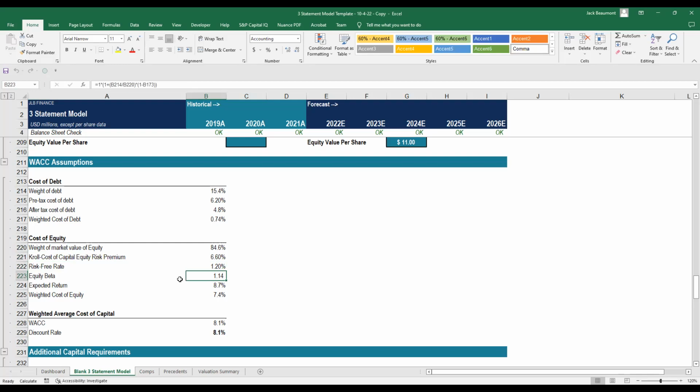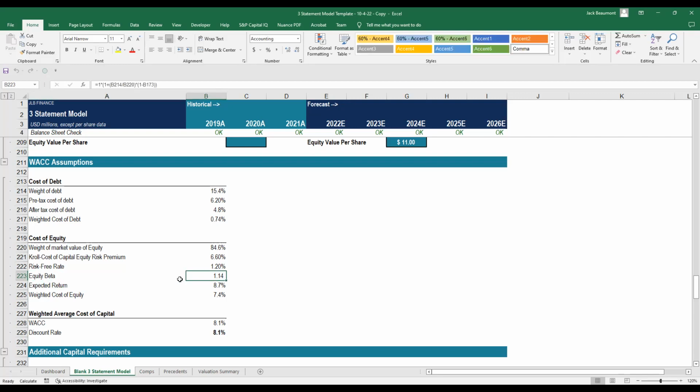Your beta is a measure of how your subject firm moves in comparison to the market. So if it's above 1, it moves in a higher magnitude upwards or downwards than the market, by, for this, 1.14.